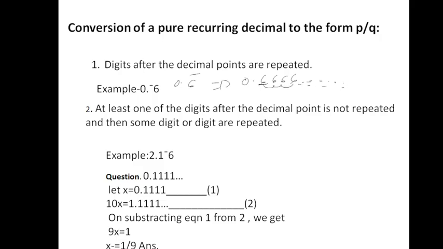Follow this pattern continuously. Here is another case: at least one of the digits after the decimal point is not repeated, and then some digits are repeated. Another example is 2.16 bar.